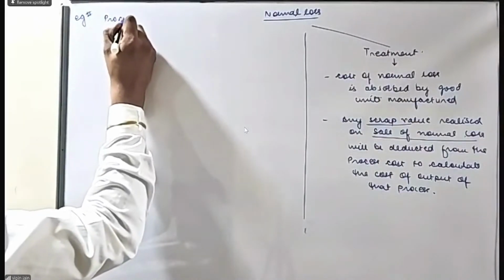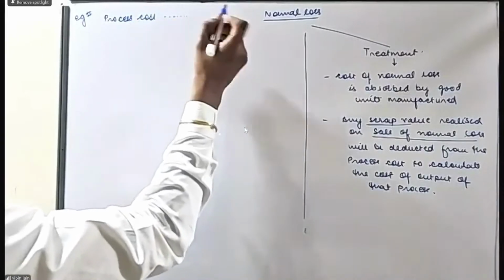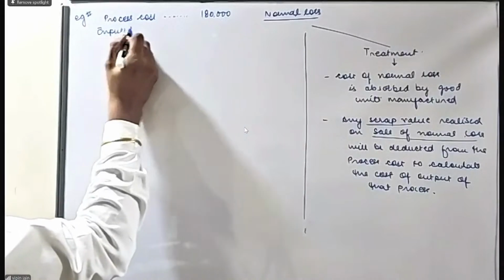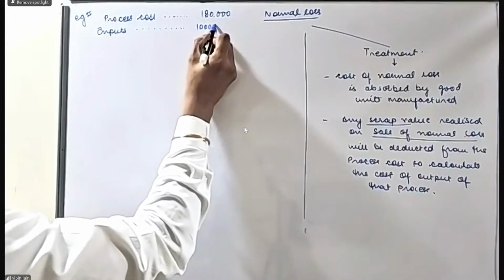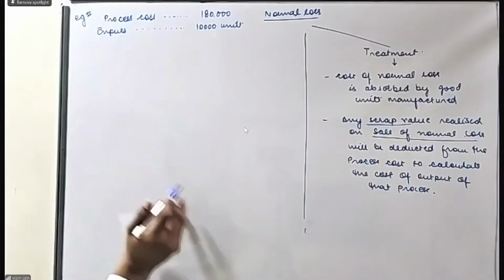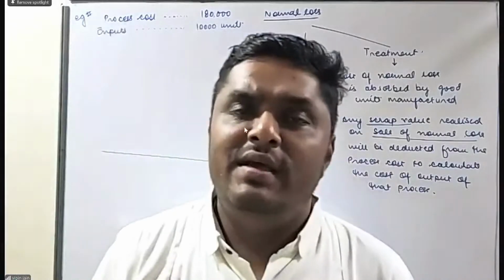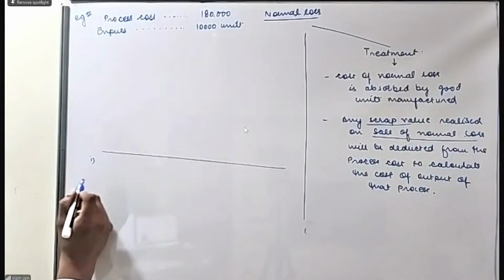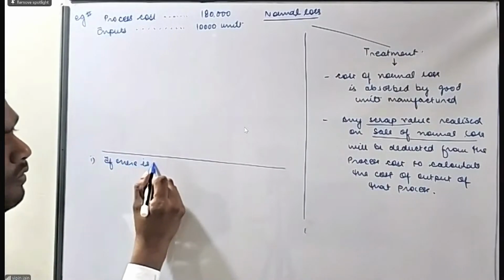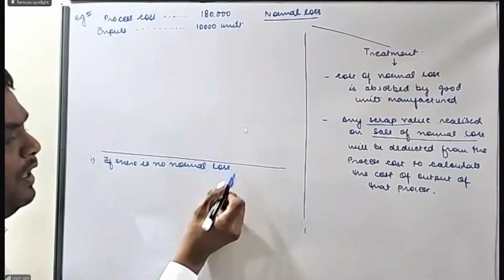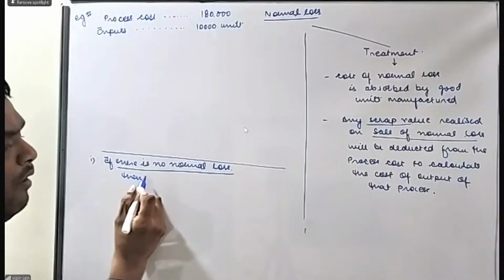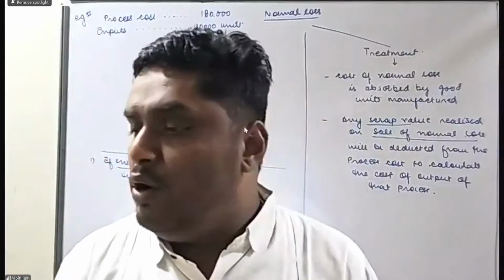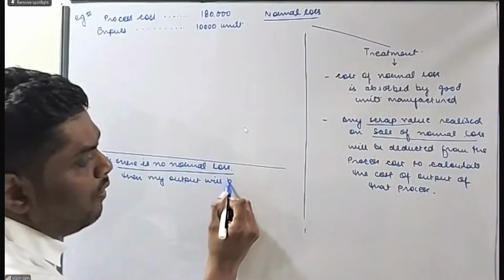Let's say my process cost is 1,80,000. Inputs are, let's say, 10,000 units.